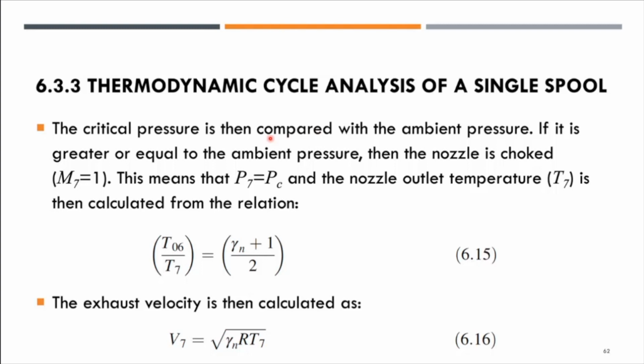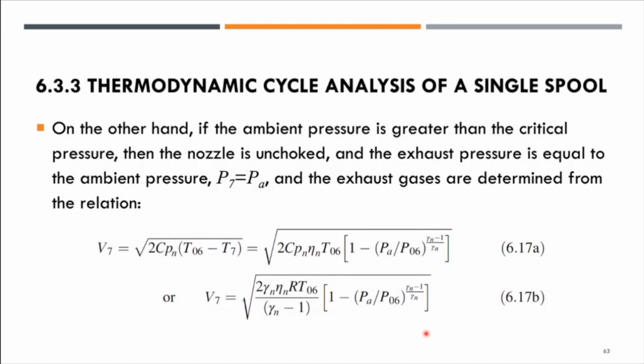If it is greater than or equal to the ambient pressure, the nozzle is choked, M7 equals 1. This means that P7 is equal to the critical pressure PC, and the nozzle outlet temperature T7 is then calculated from the normal relationship, equation 6.15, and the exhaust velocity is then calculated as equation 6.16.